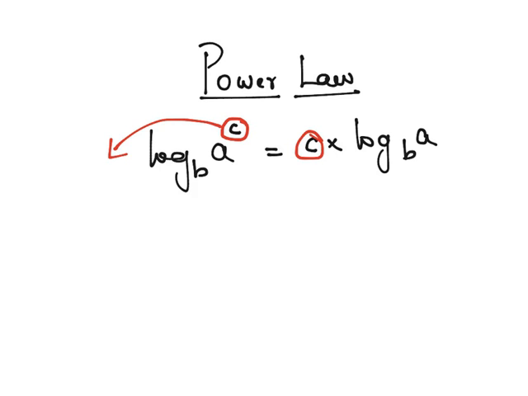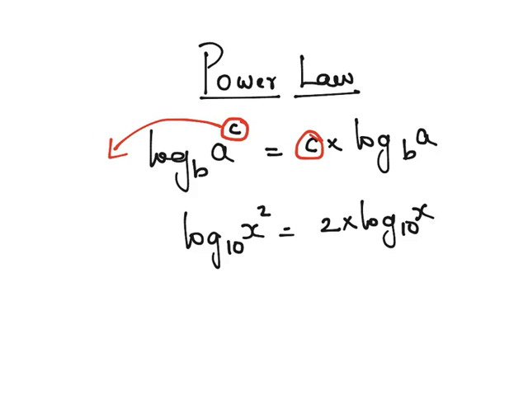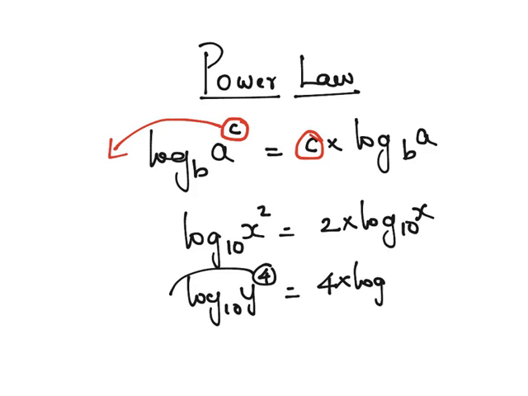Let us see an example. Log x squared to the base 10 can be written as 2 times log x to the base 10. Suppose it is log y power 4 base 10, then I can bring this 4 in front, so I can write it as 4 times log y to the base 10. Okay, this is what it means.